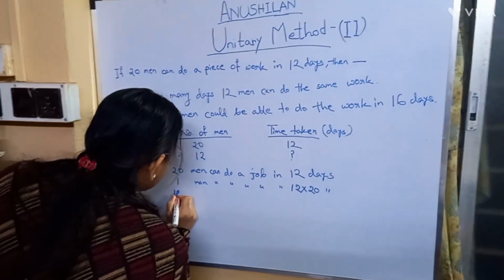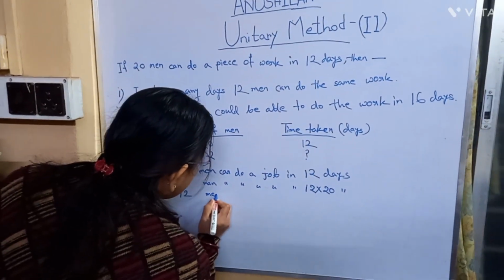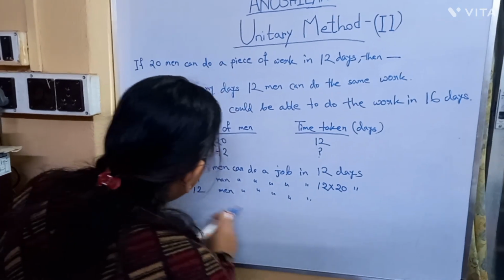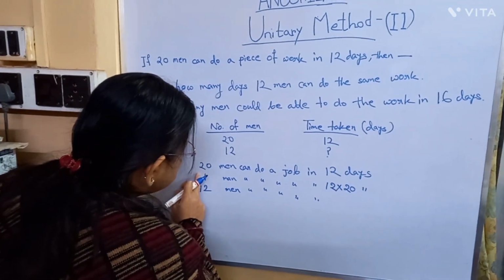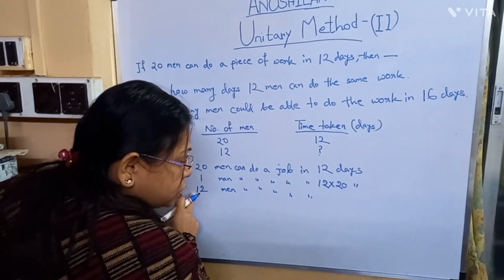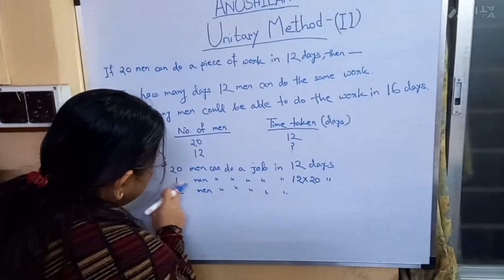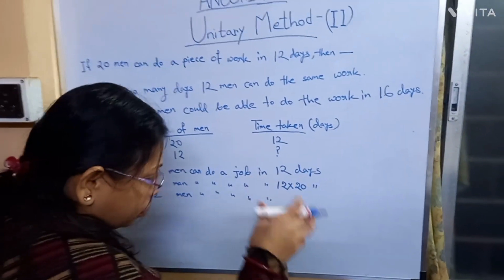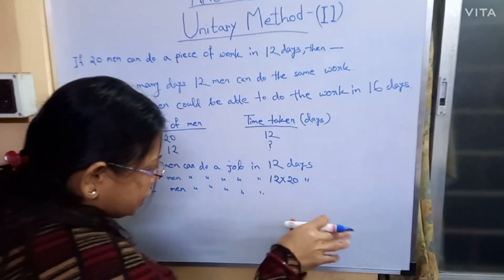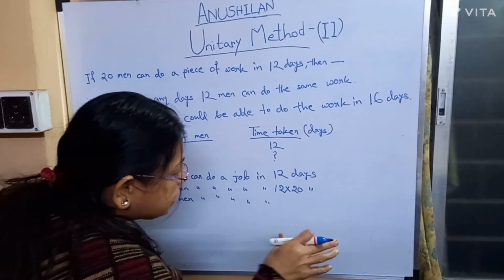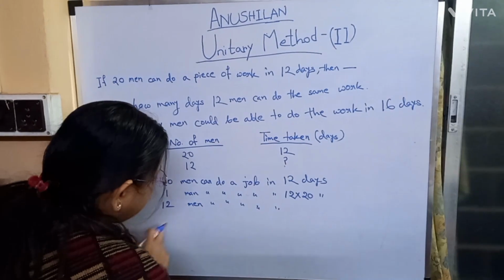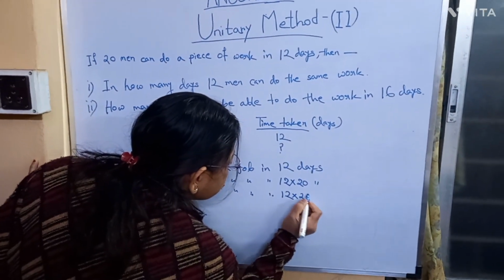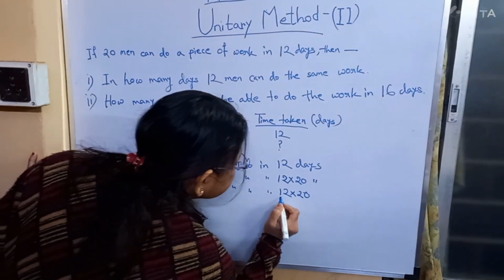Then, 12 men can do a job in less days, because with respect to 1, 12 is more. It will take fewer days than 1 man, so it will finish early. So, I will divide.